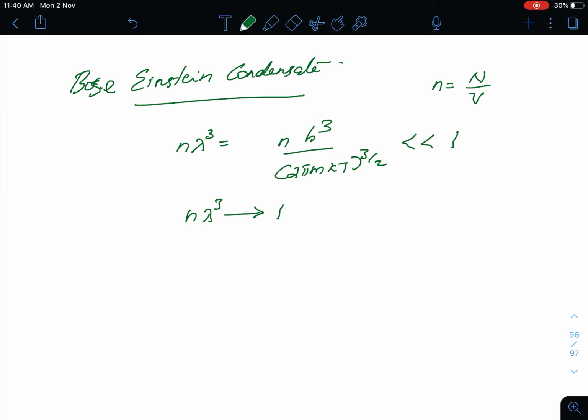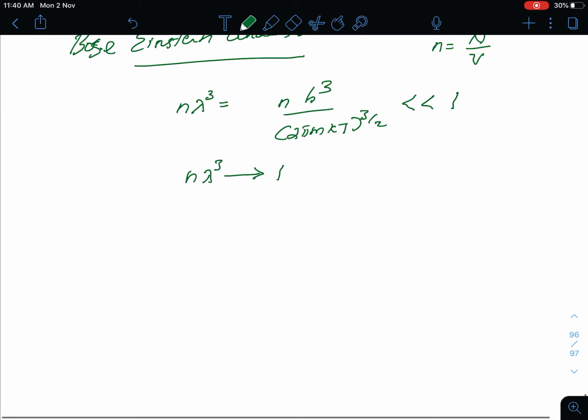In those cases the quantum mechanical effects come into play. So whether we will be using the classical treatment or the quantum treatment will be determined by this quantity called n lambda cube. Based on n lambda cube we decide whether a system is classical or quantum mechanical.